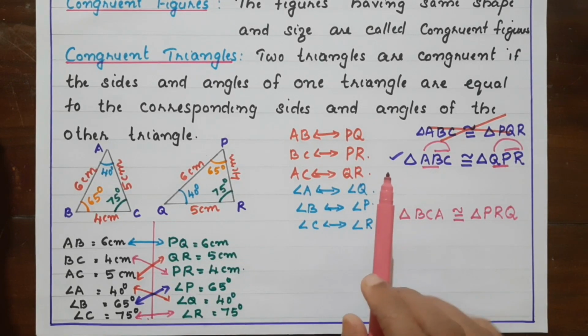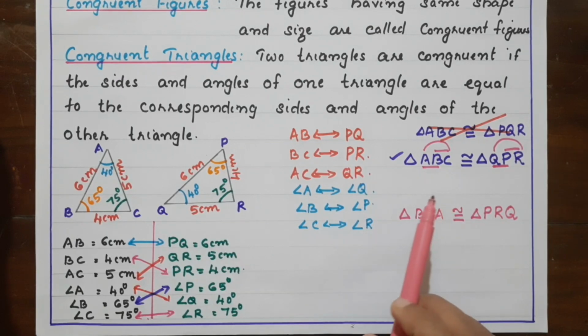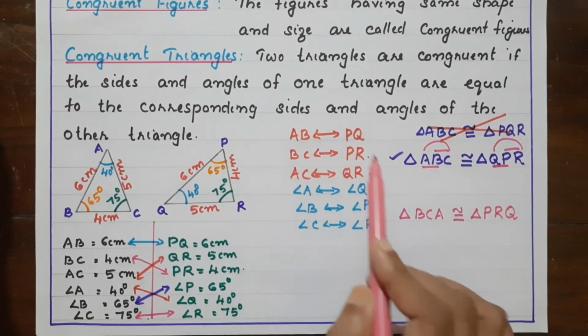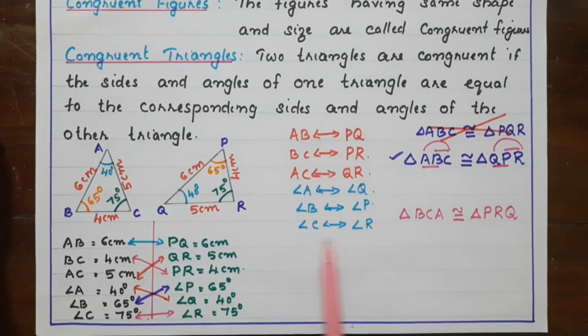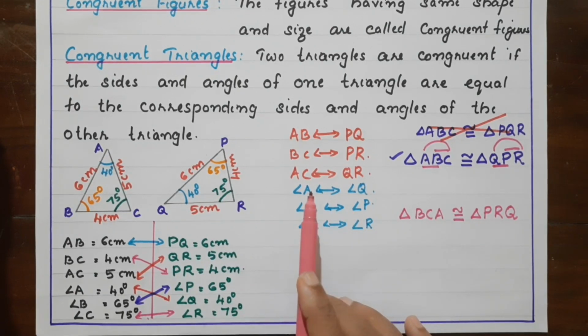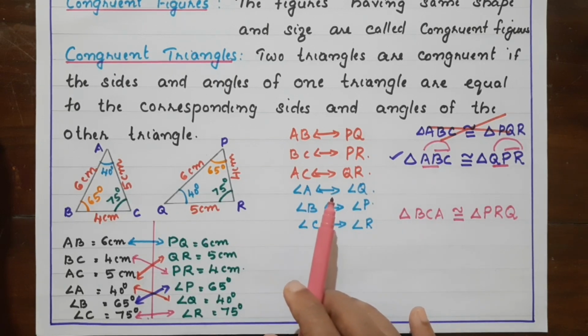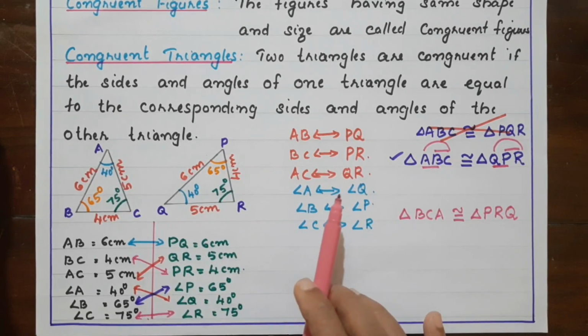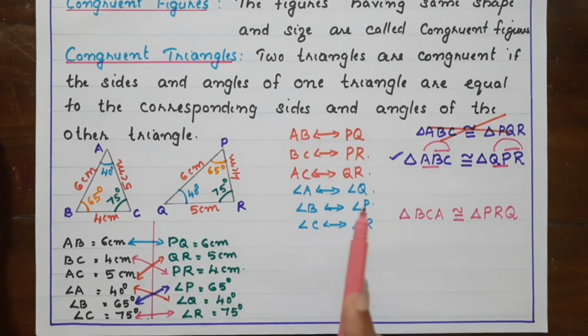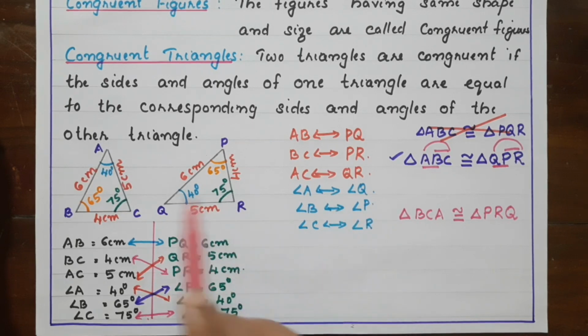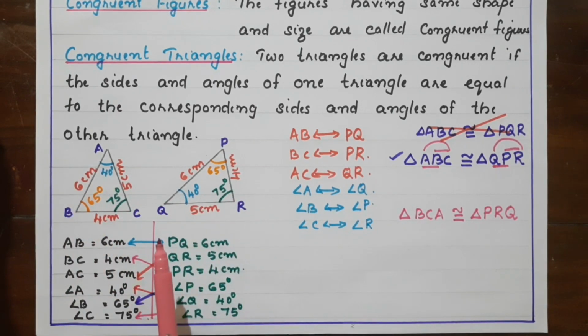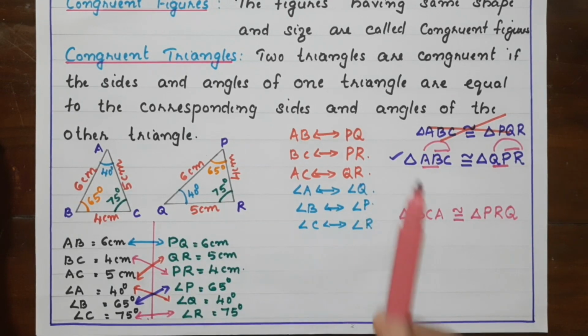To say two triangles are congruent, we have discussed that 3 pairs of sides and 3 pairs of angles should be equal. Isn't it? But this is not possible in all situations. Okay. So, without checking all these 6 equalities, we can decide whether two triangles are congruent or not. That is only by checking 3 suitable equalities.